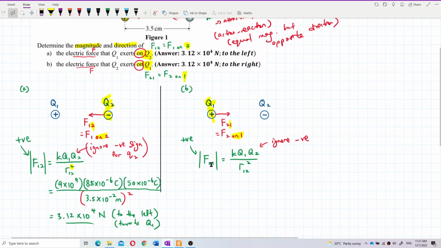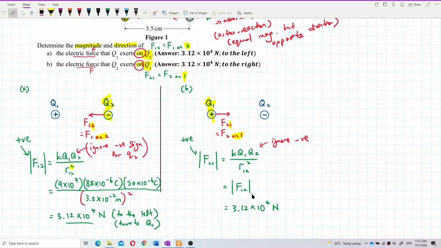So what I can say is that F21 is actually equal to F12. The magnitude is the same. I can say they are the same value. I no need to calculate, because they are the same force.